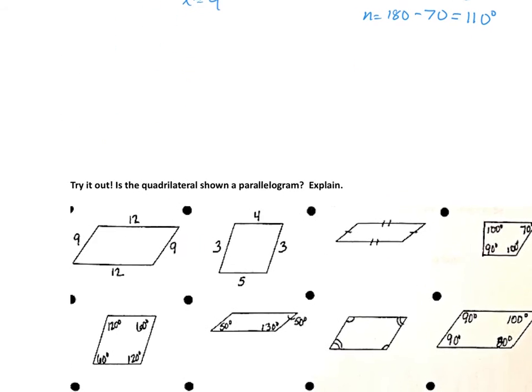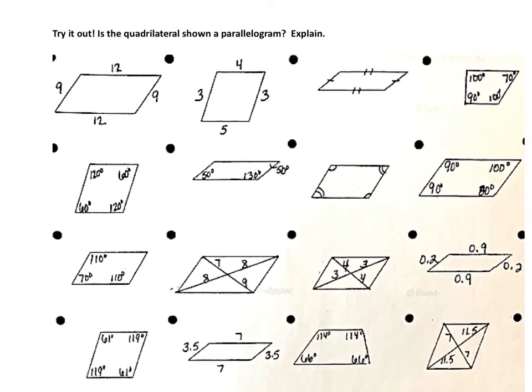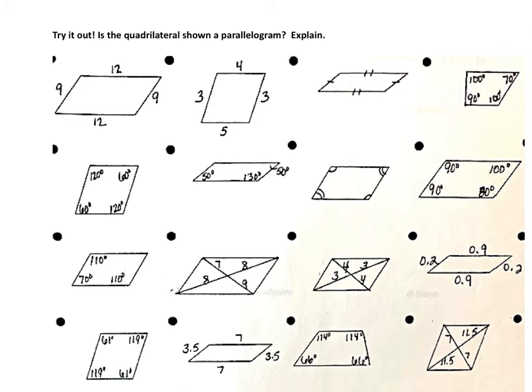Let's try some more examples here. Is the quadrilateral shown to be a parallelogram? And explain. Well, these opposite sides are the same, so yes. Opposite sides are congruent. This does not match that, so no. These are congruent, so yes.